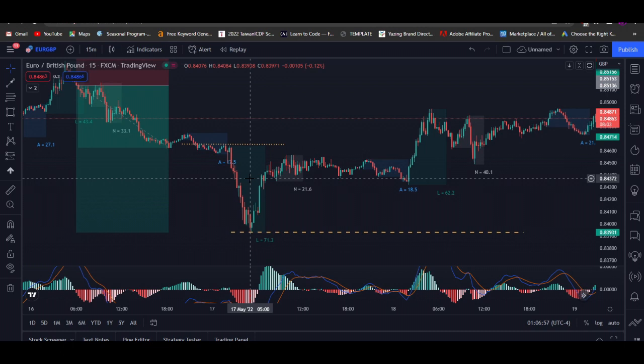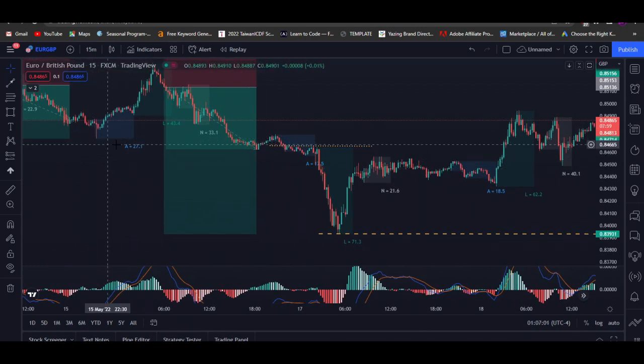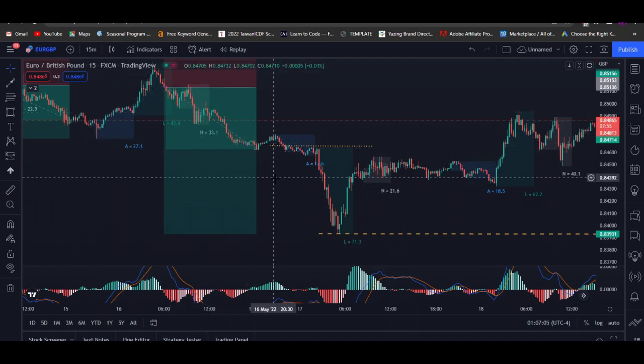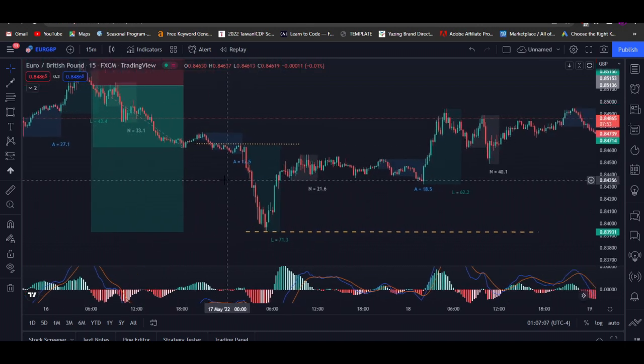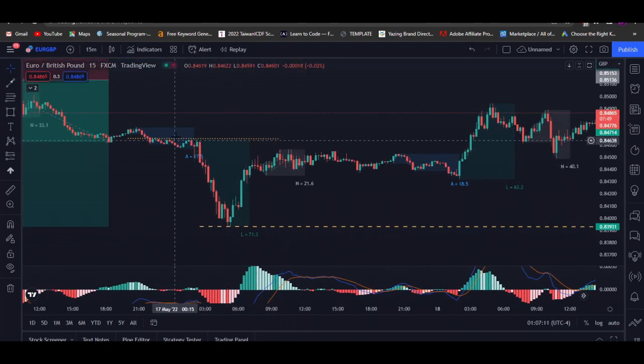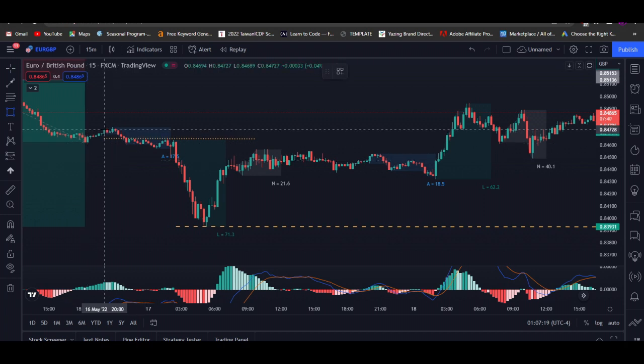So we're coming on May 17th, and if you look closely, on May 16th, price went down. So we're coming on May 17th looking for a sell, and we actually got a sell right here. We got an advanced selling setup right here. So let's look closely.